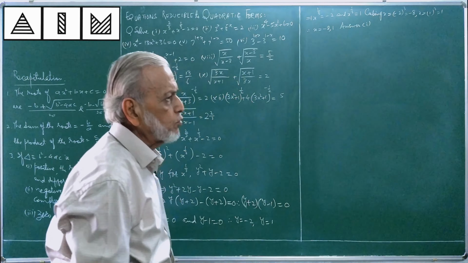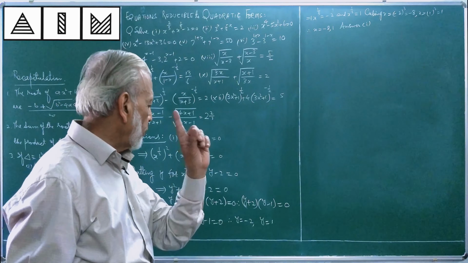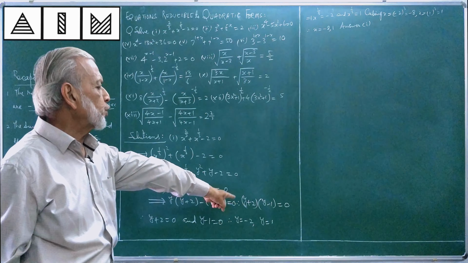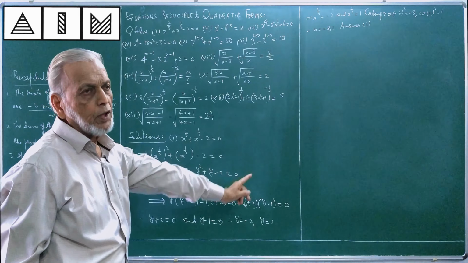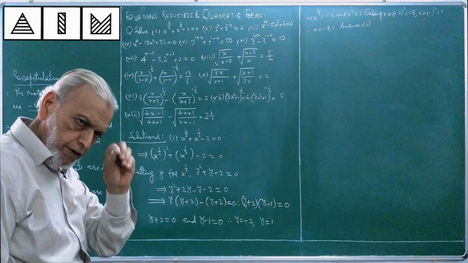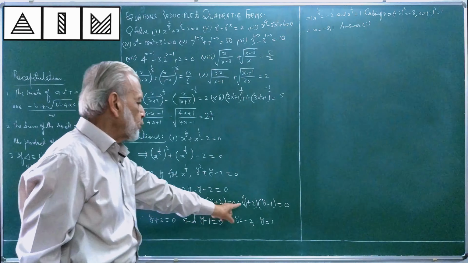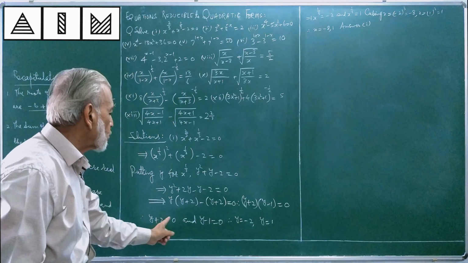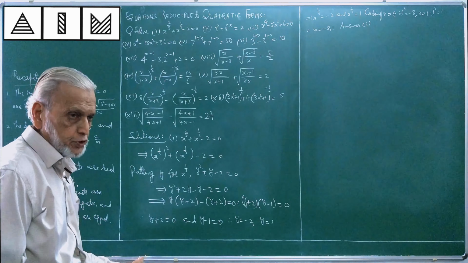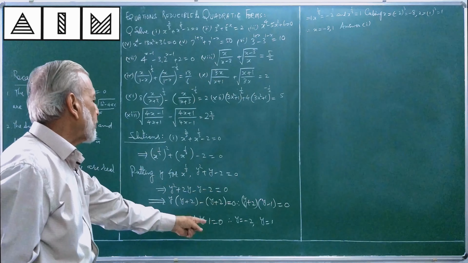Two steps here I would like to talk about. One is factorization ends in y plus 2 into y minus 1 is equal to 0. I have separately equated these factors to 0. Generally, students ask me, up to this it is okay sir, but how you got this step? How can you separately equate them to 0?